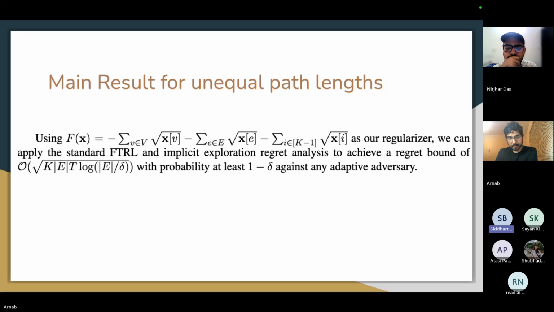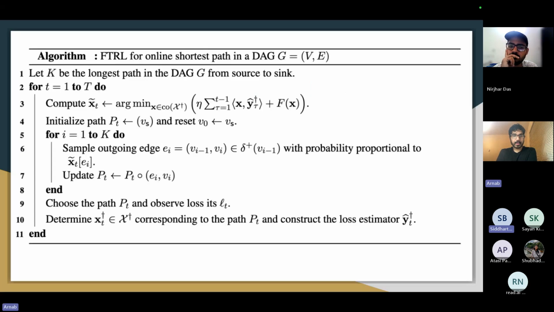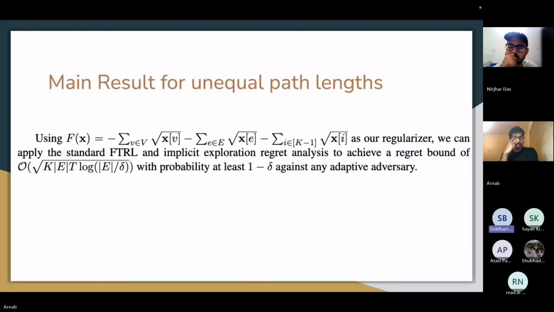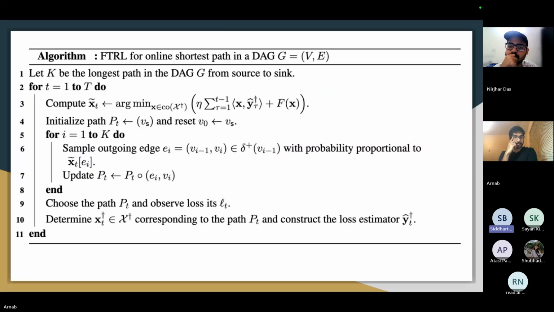For this particular regularizer, the flow polytope has some very nice structure. There are tailor-made algorithms for it. It's almost like a linear objective, like a min cost max flow, or unit min cost flow.